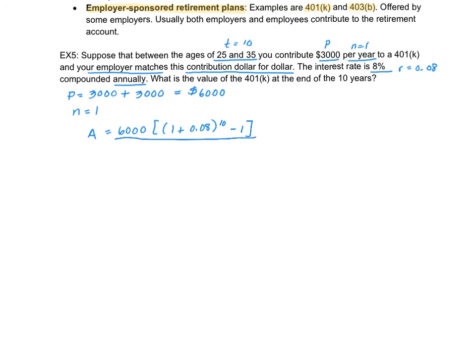All of this is going to be over R. I'm going to round this to the nearest whole number. And when I put this in my calculator, I got 86919. Okay, so after 10 years, we should have $86,919 in our 401k.